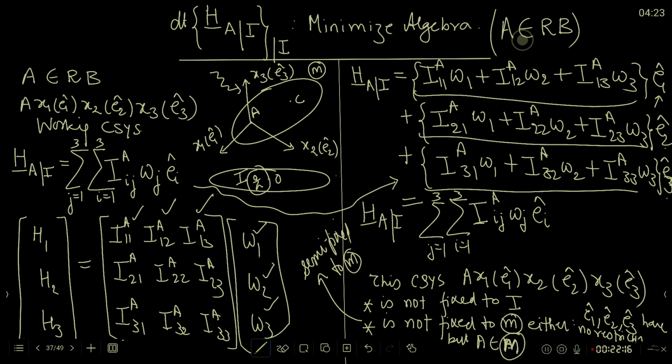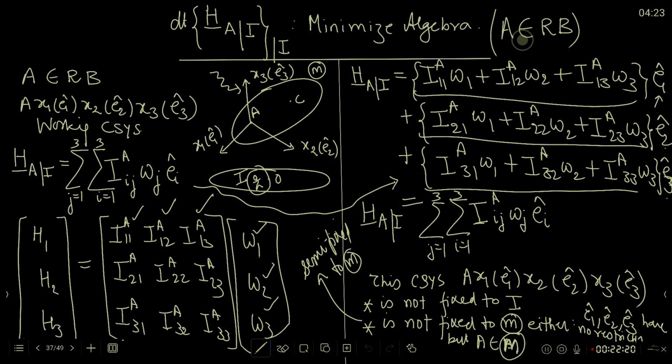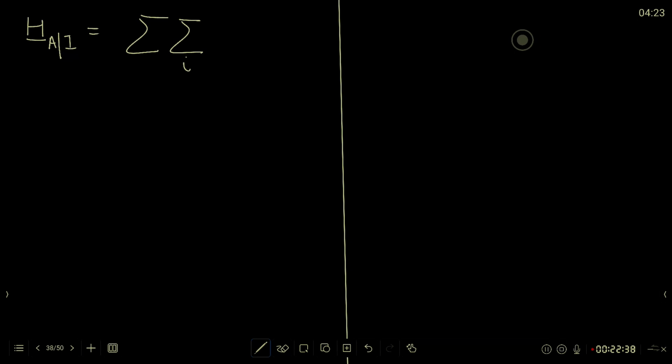Let us see what consequences it will have on the algebra when I try to differentiate this. HAI, double summation IA ij omega j Ei.